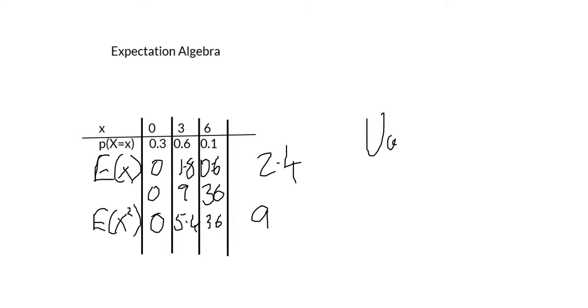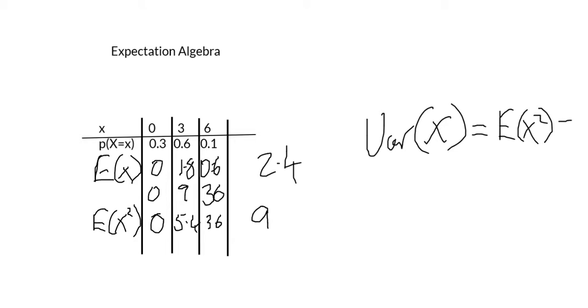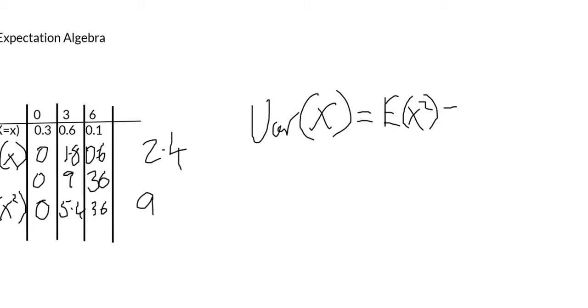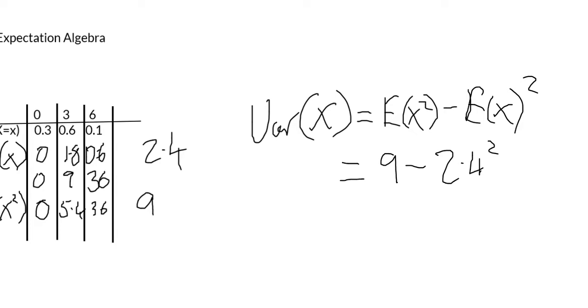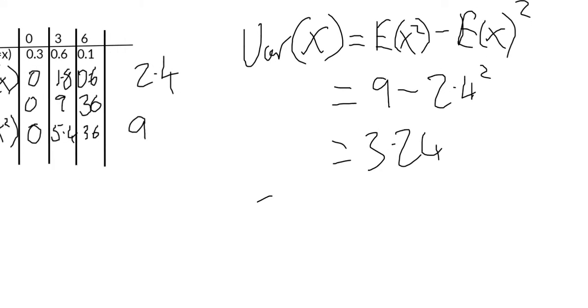And so our variance, which equals E of x squared minus E of x, squared, equals 9 minus 2.4 squared, which equals 3.24, and our standard deviation is 1.8.